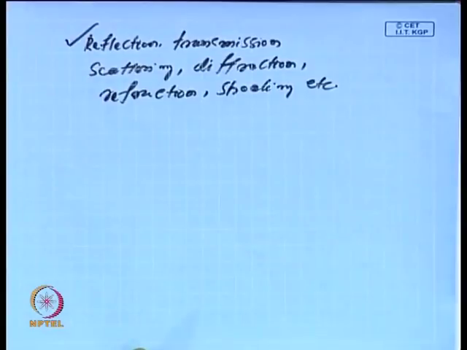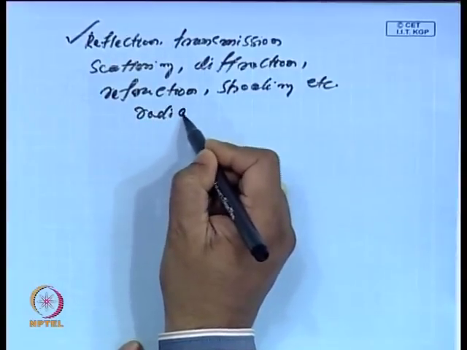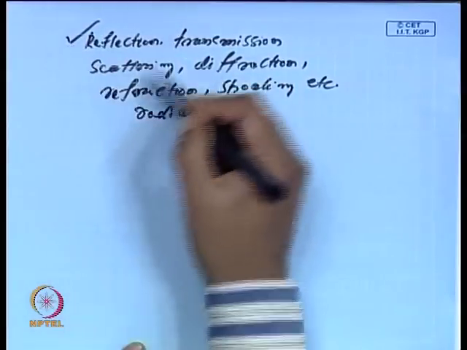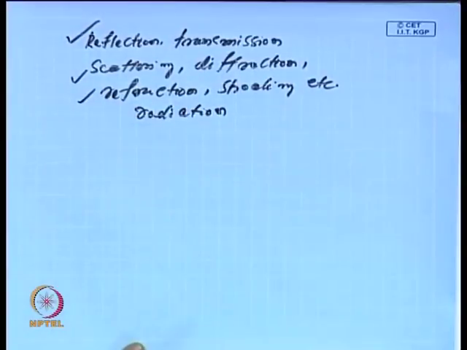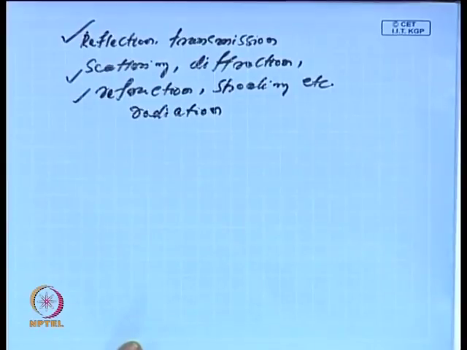In fact, it is not only that, we also have radiation. It is not only in the case of light that we have some of these phenomena; for any wave, the moment we have a wave, all these phenomena occur. Depending on the type of wave and type of medium, some particular phenomena dominate, and this is what will come here also in water waves.